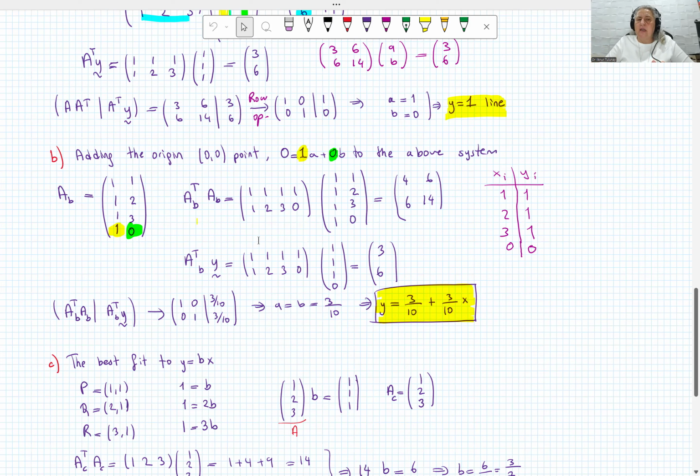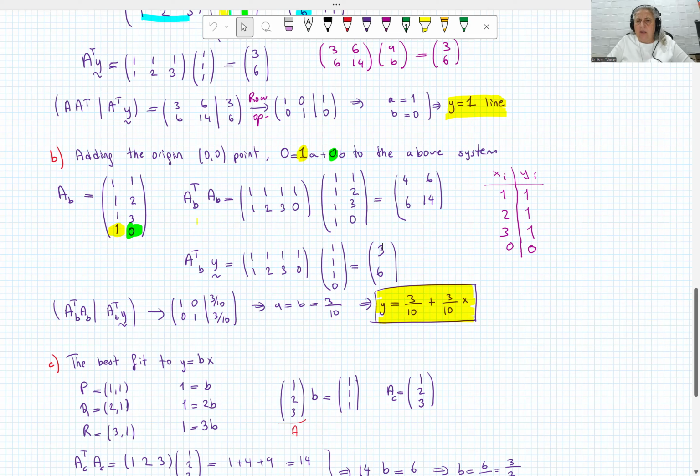Again, the same idea. We will multiply by its transpose, and its transpose with the right-hand side vector. Sorry, the right-hand side will be 1, 1, 1, 0, right? Because Y is yi: y1, y2, y3, y4.